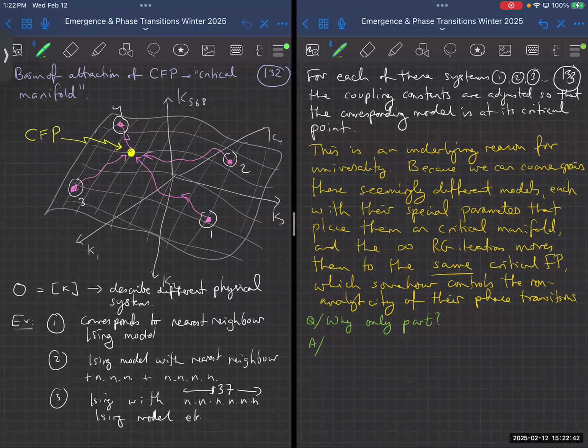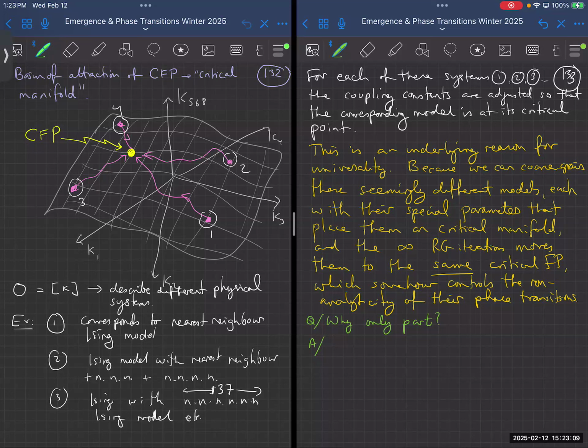It's like the existence of multiple critical fixed points. So you're saying what? Like you could have multiple such basins. You could, but let's just keep it simple for now. Let's just talk about one critical fixed point. There's something very important that you haven't thought about.